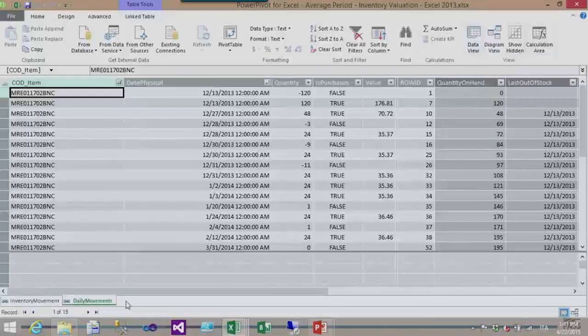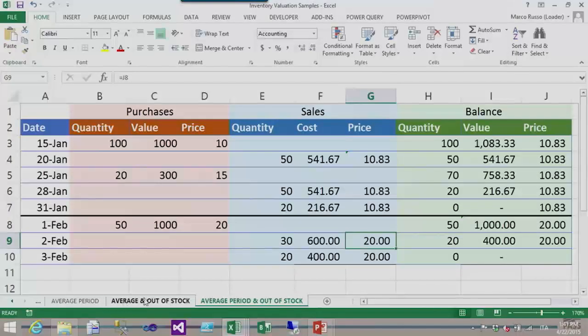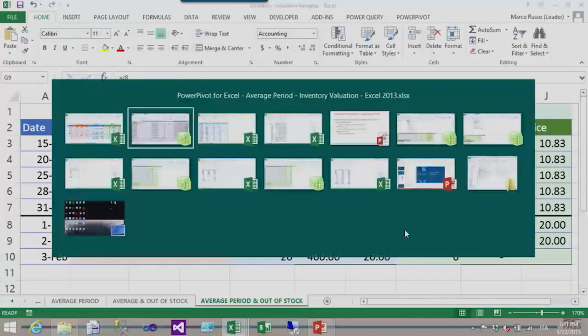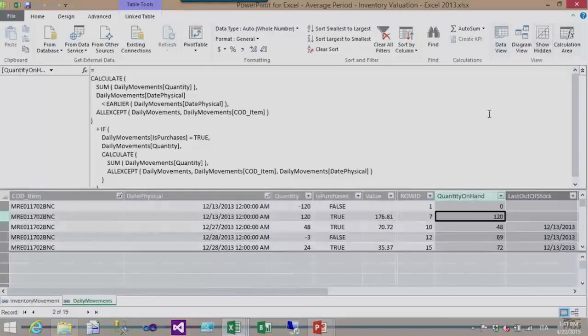So my problem, just to recap, is this one, average period out of stock. Fundamentally, I know that I have a period, and I want to calculate the average price for that period. Now, my period is the period until the out-of-stock event. So my first goal is to know when I have an out-of-stock event. In order to detect this condition, I created a quantity on hand calculated column.